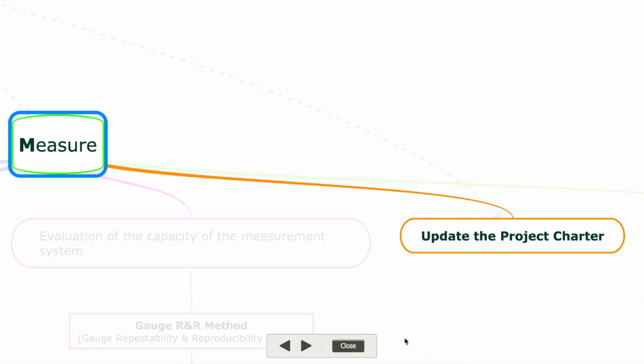So at the end of this measure step, we have to update the project charter, the same project charter which was developed in the define step. That was the initial one. After we complete the measure step, we have to update the project charter depending on the information that we have collected from the measure step.